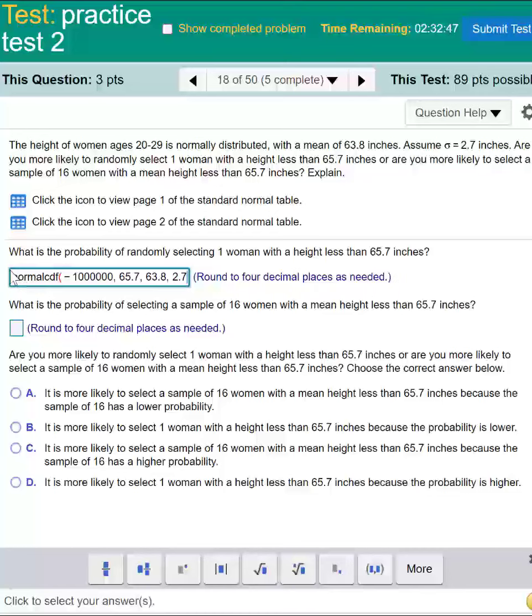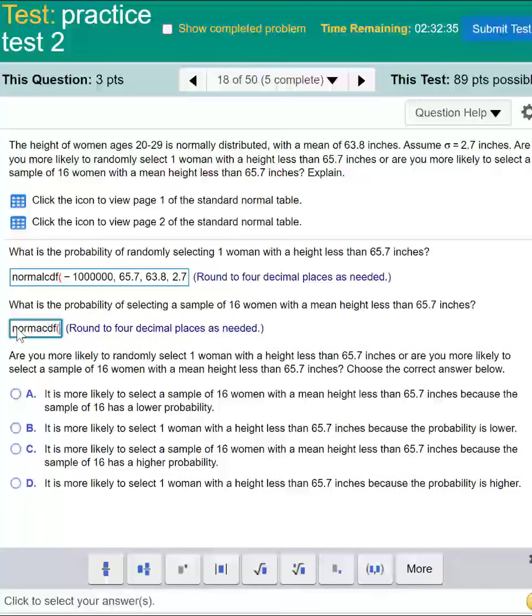You do this. Now, what's the probability of selecting a sample of 16 women with a height less than 65.7? It will be normal CDF, negative a million, comma 65.7, and then the mean is 63.8.